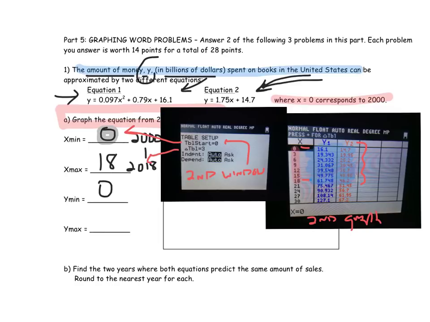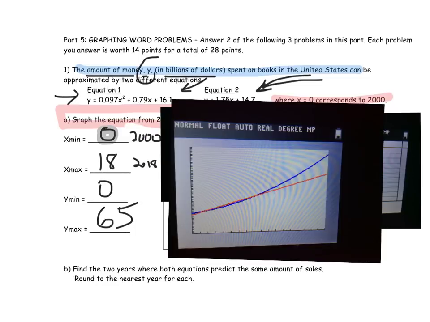But the biggest value that I see from 0 to 18 looks like this 61.7 number. So I'm going to set my y max to be 65, and that'll ensure that all of these values fit on my graph. So now I'll press graph, and here's what my graph looks like.